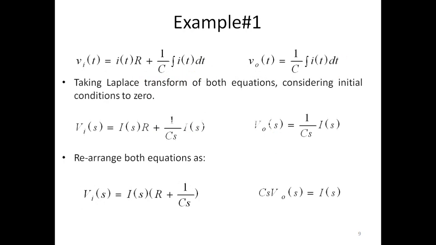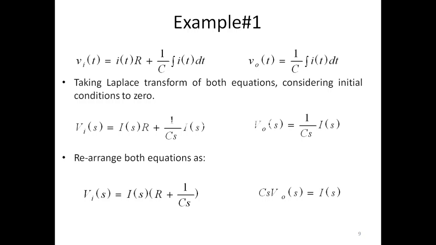Then just by taking the Laplace transform on both sides and considering initial conditions to be 0, we get Vi of s is equal to I of s into R plus 1 by Cs I of s, and V0 of s is nothing but 1 by Cs I of s.